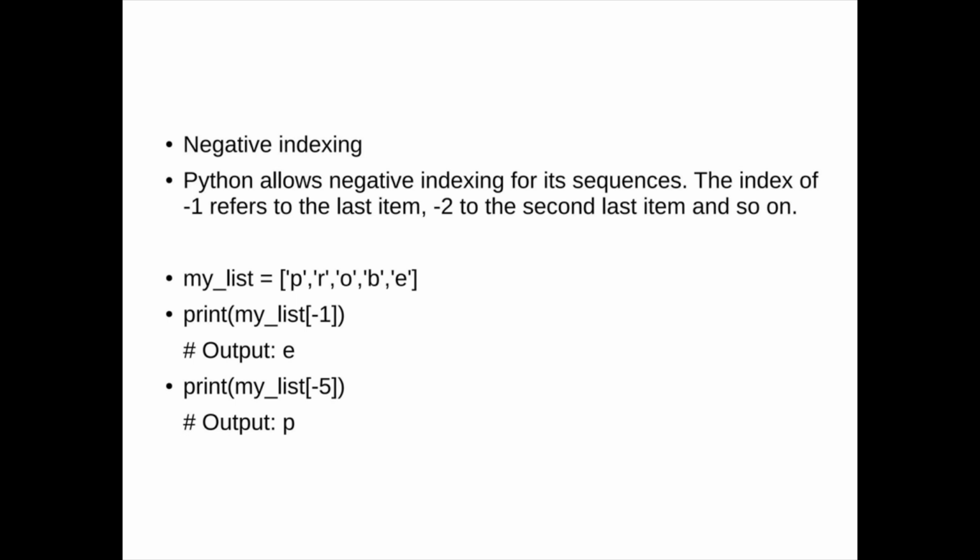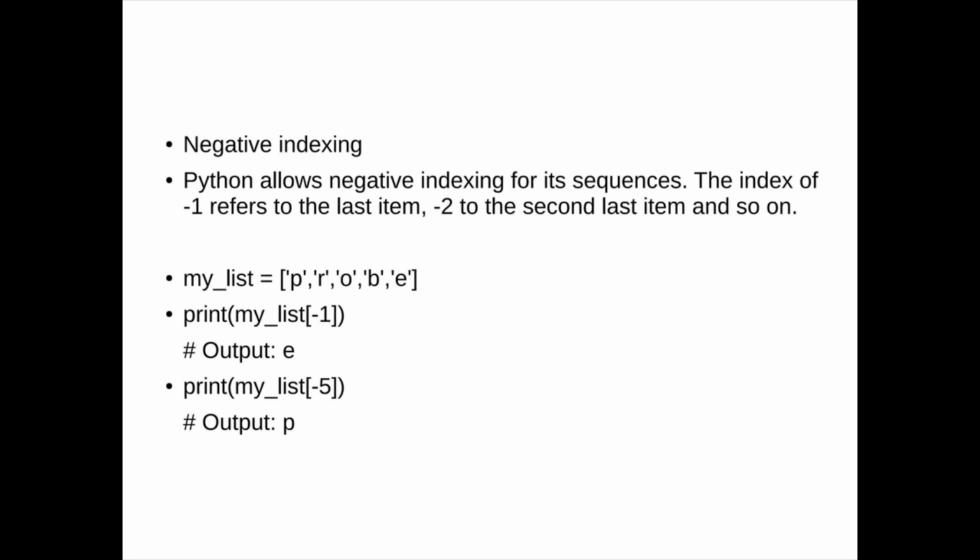Negative indexing means indexing the sequence with negative values. The index of -1 refers to the last item, -2 to the second last item, and so on. Negative indexes are represented as -1, -2, -3 up to minus n.